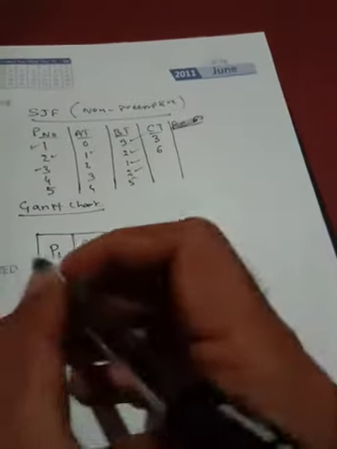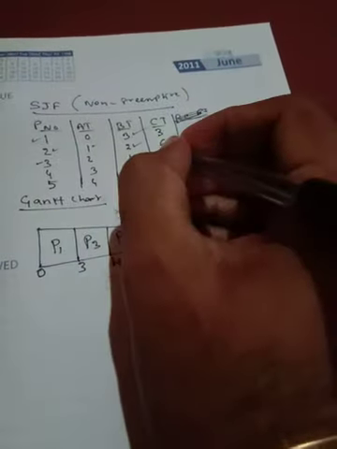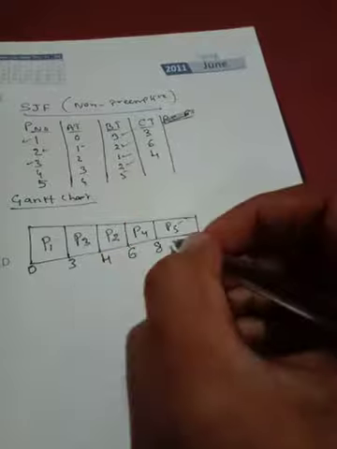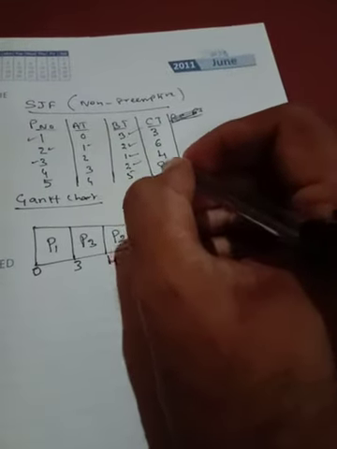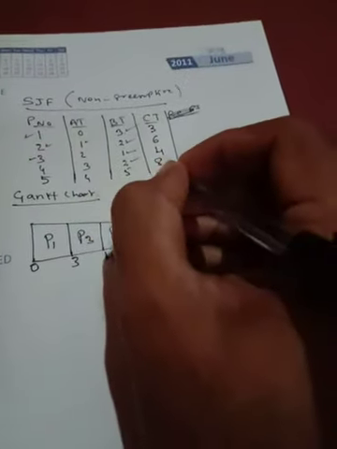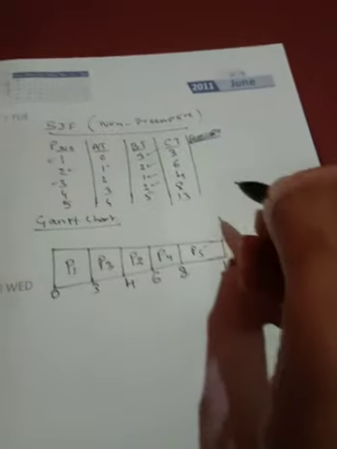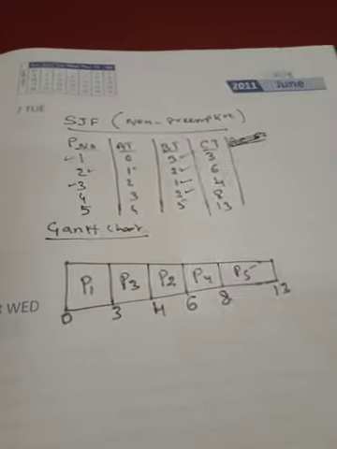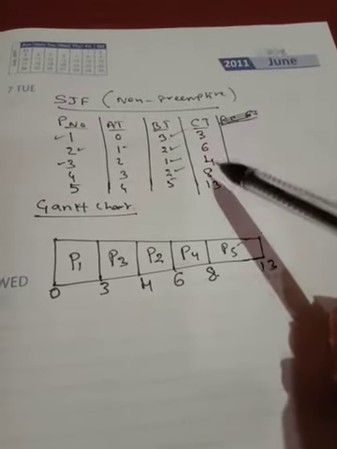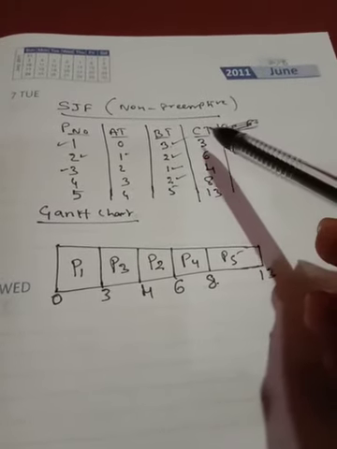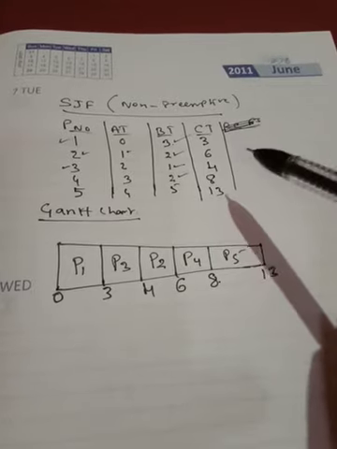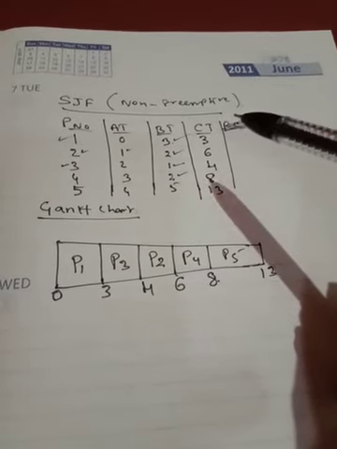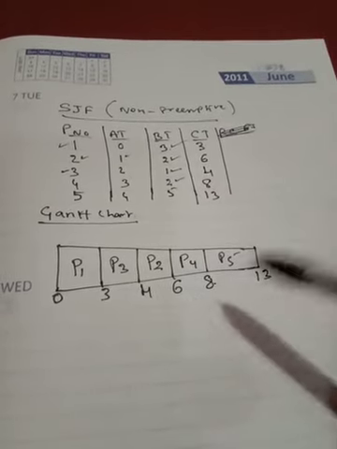What about P3? P3 is 4. What about P4? P4 is 8. What about P5? P5 is 13. Something like this you have to prepare the chart. It is not in an ordered way, which is why while writing the completion time you have to be very careful before taking the data.